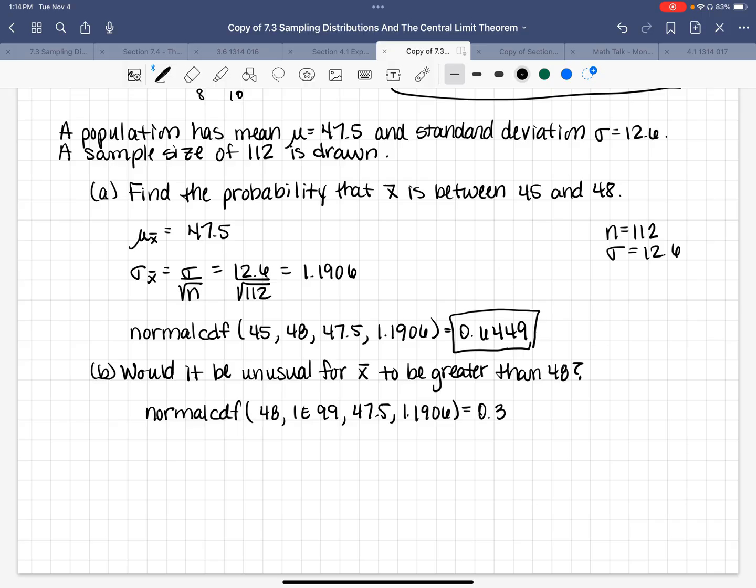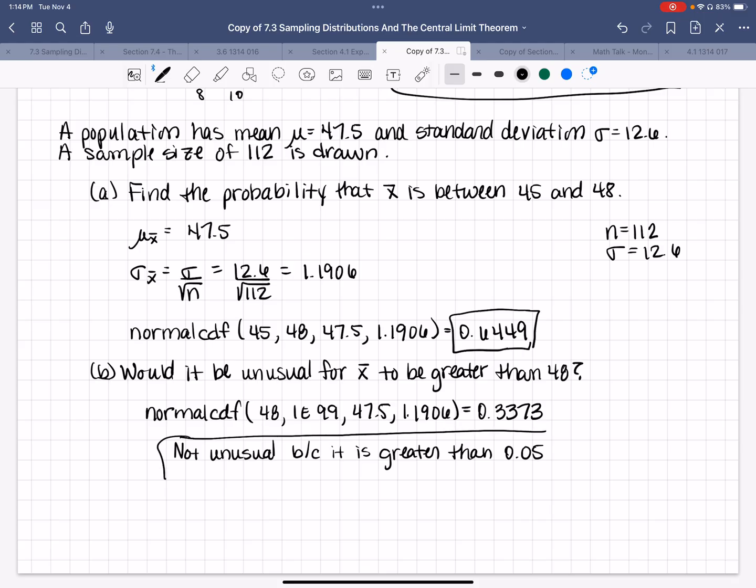So 0.3373. Guys, that's a 33%. That's well over 5%. So not unusual, because it is greater than 0.05.